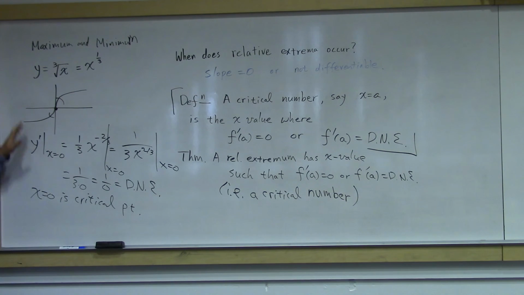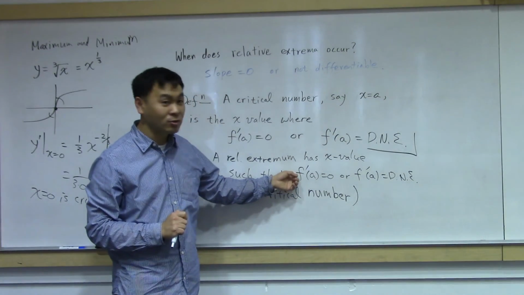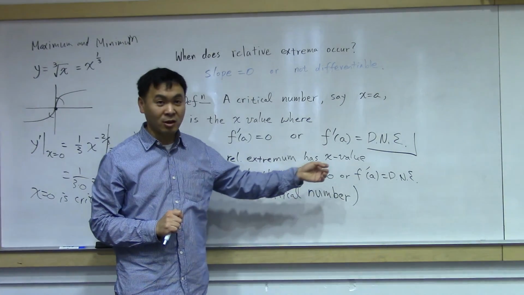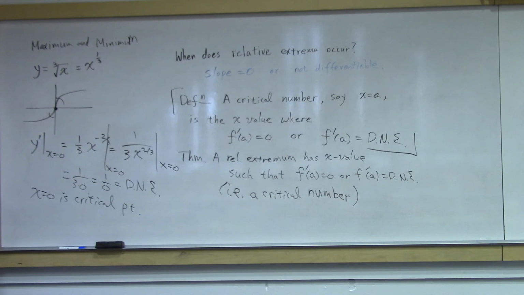So this gives us a strategy for finding maximum, minimum, or at least a relative maximum, relative minimum. The strategy is, first, look for all the critical numbers. And that's not so bad, because you just have to differentiate, set it equal to 0, and also figure out when the derivative is not defined. And then for those values, you just have to check if that point is a relative maximum or relative minimum.